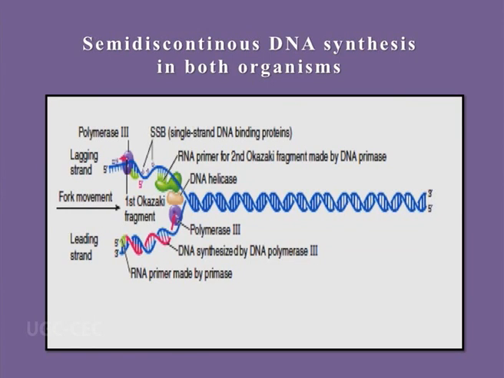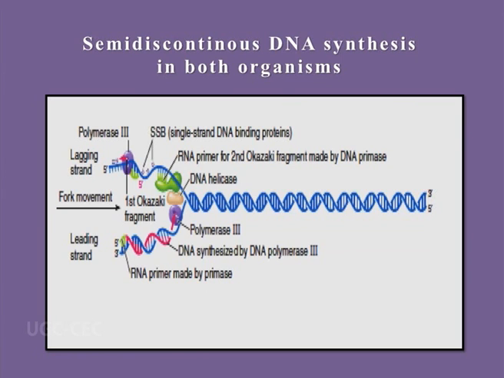Now, let us compare both the eukaryotic and prokaryotic initiation. This is a very simplified diagram showing the initiation. If we look at this diagram, we will find that this is the replication fork. The replication fork is moving in a definite direction.